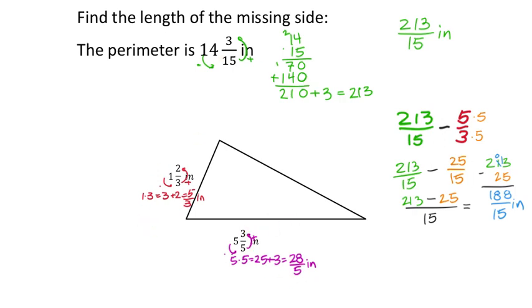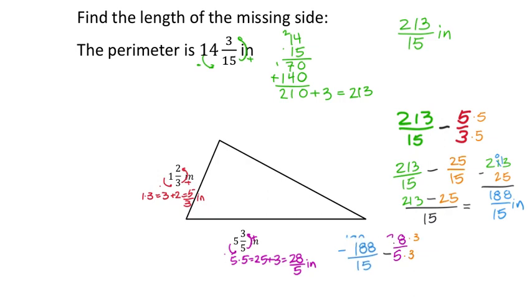So let's get that started. And this will give us the length of that last side, by the way. But again, I've got 188/15 minus 28/5. The fifths don't match on that one, so again, I'm going to have to force that to match the denominator. So I'll take that 5 times 3 and 28 times 3 as well.